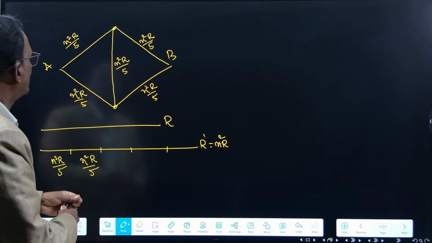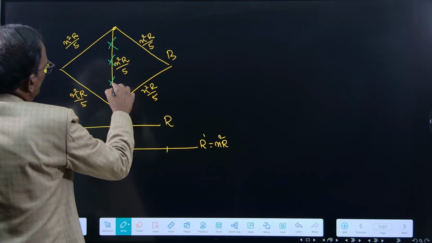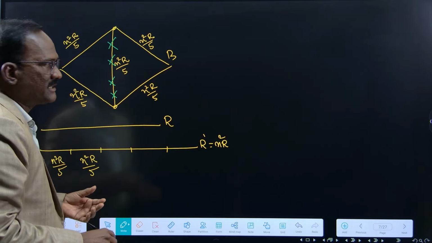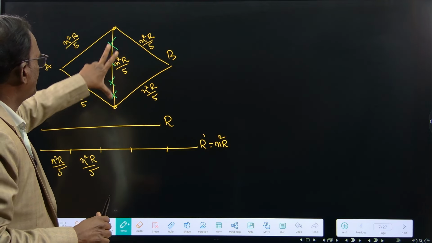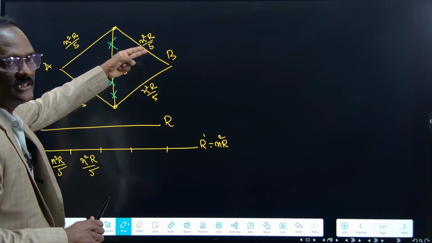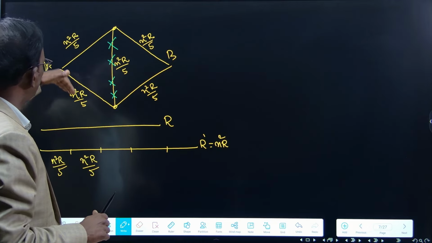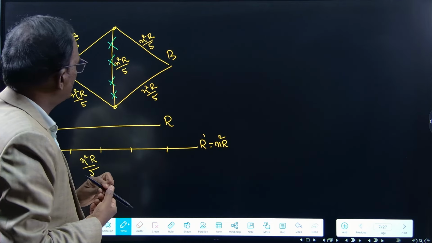It is a balanced one. So in this case, no current flows through this particular branch. We can remove this branch, right? Because the potential drop is 0 here. Then n square r by 5 and this wire is in series. This is also in series. This 2 set is coming in parallel.